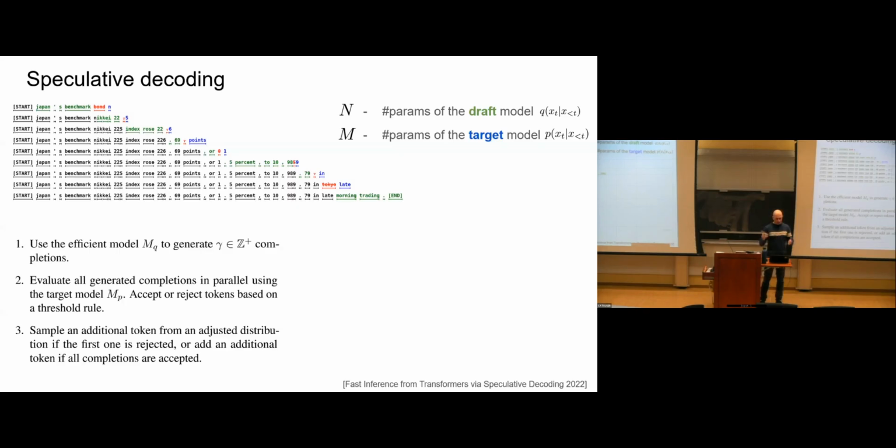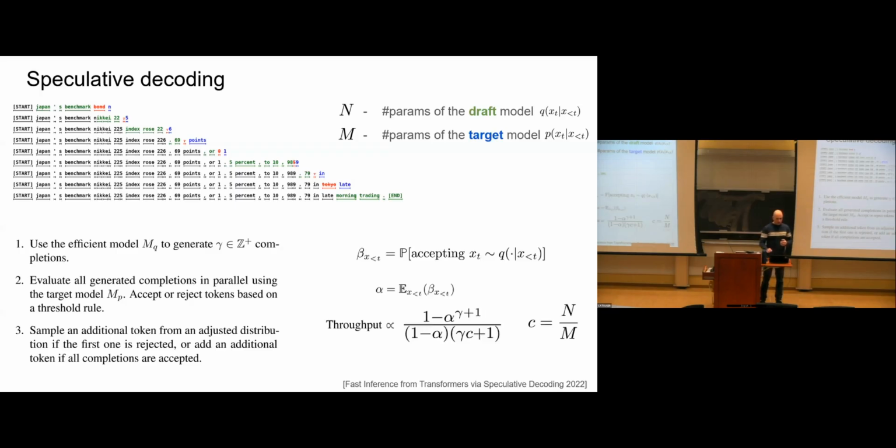It proceeds like the following. We use the efficient model to generate gamma, which is the look-ahead length, completions of our sentence, and then we evaluate all of those completions in one go with our target model representing the distribution p. The target model can accept or reject tokens based on a threshold rule.